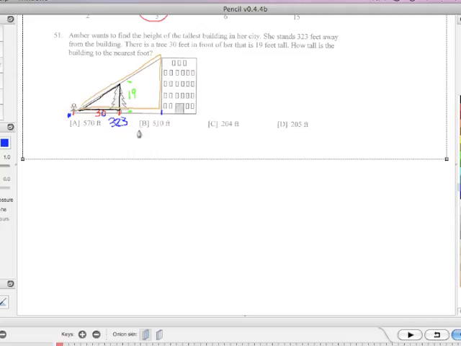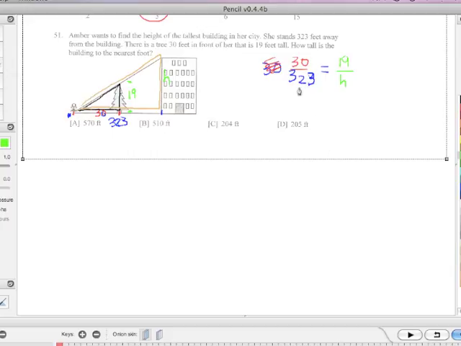So 30 is to 323, that's the little triangle, as 19 is to H. So that's the height of the building.